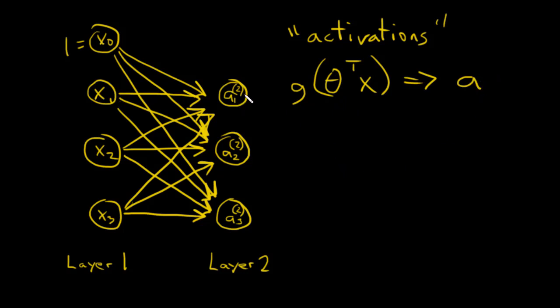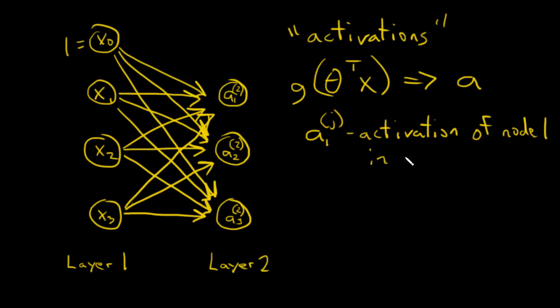Now, to clarify some of this notation, A sub 1 superscript j is going to be the activation of node 1 in layer j.